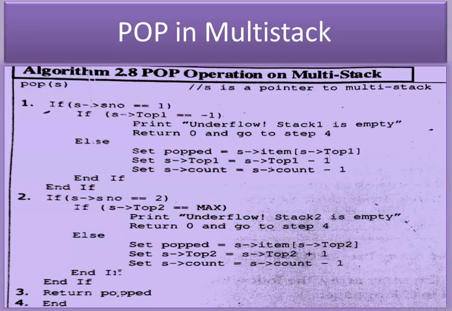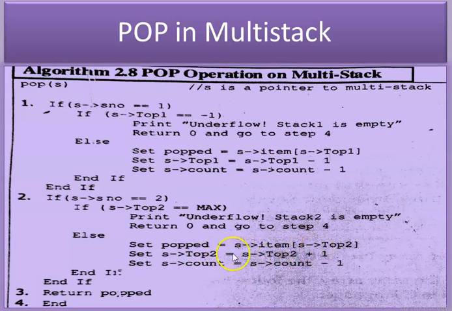So it's an underflow condition, and if it is not max, we can make sure that at least one element is present in stack 2. So we will be popping out the topmost element. The topmost element in this part is recognized by the value of top 2. It is being assigned to a temporary variable pop, and this index is changed.